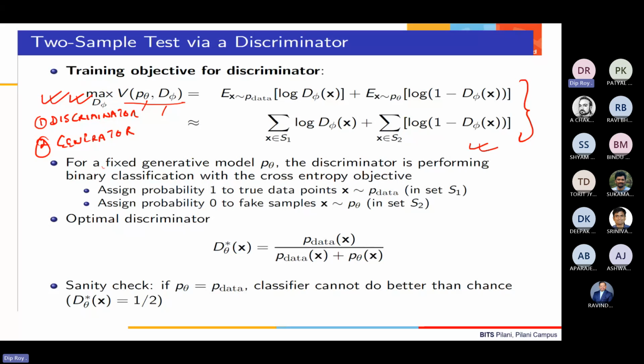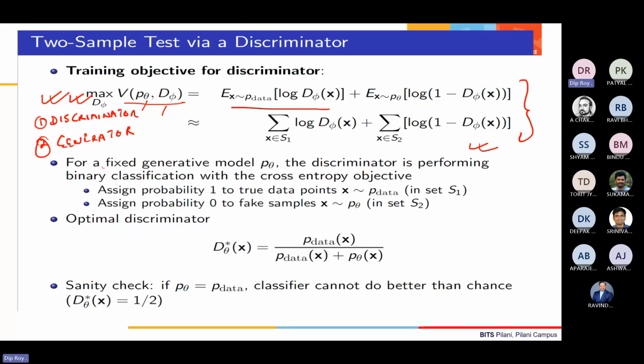Now let's talk about it a little bit. This objective function has two parts. First is this part. For real data, when x comes from the data distribution, we want d phi x to be close to 1.